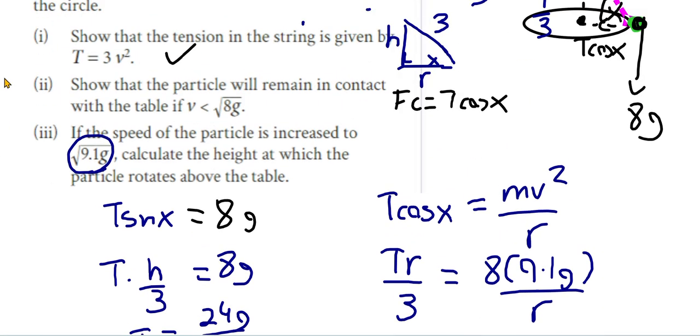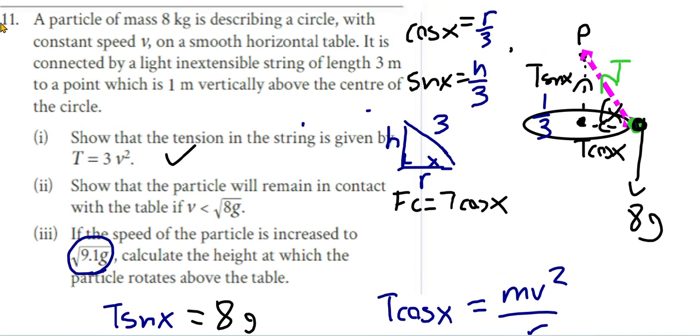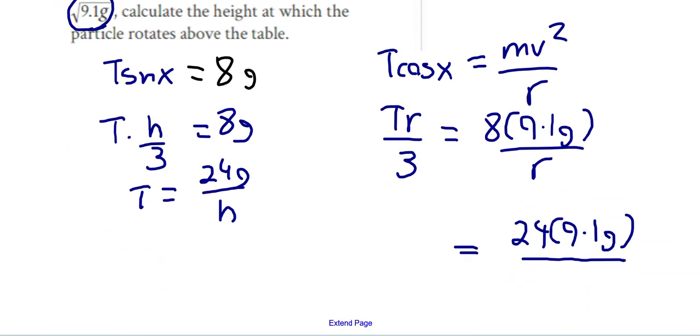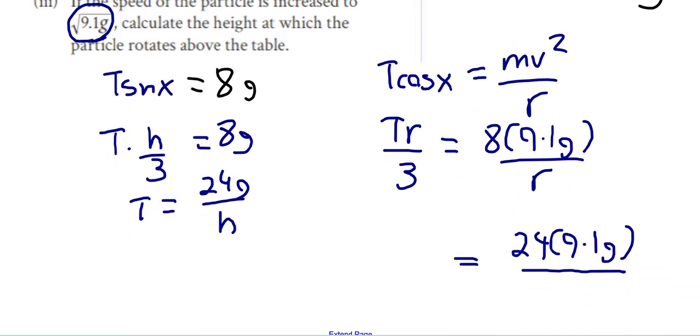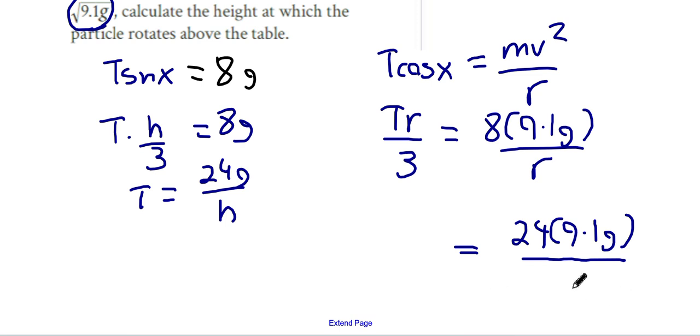I'm just going to look at cos x one more time. Cos x is R over 3. Ah, it's mv squared. That's what the issue is. Never mind. All good. Yeah, everything's hunky-dory. Is that okay? Put them equal to each other.